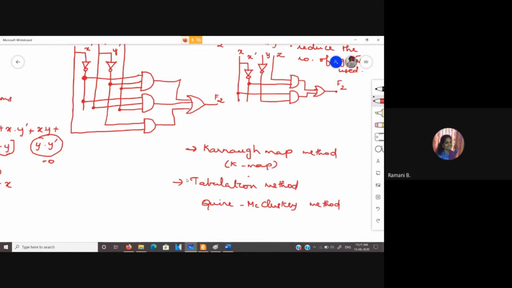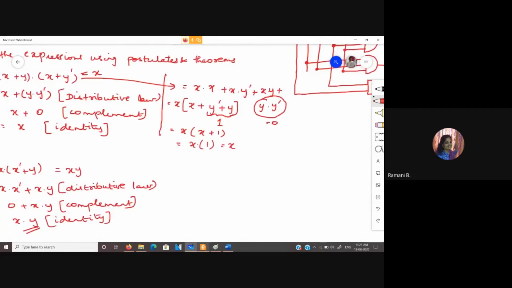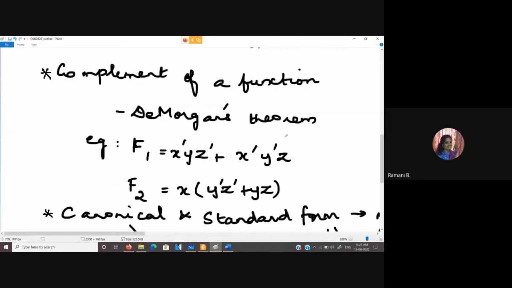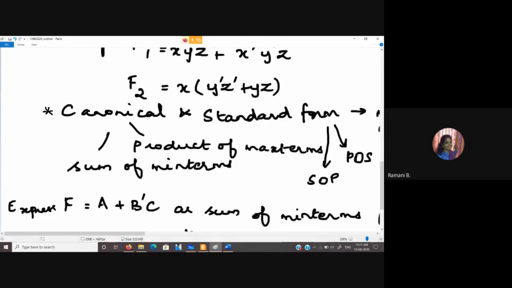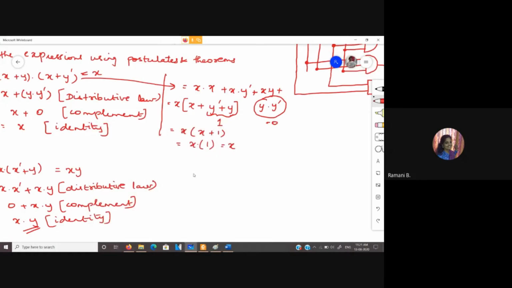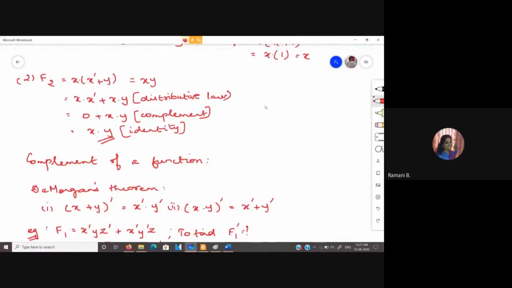Minimization of any logic expression is the most important thing. You cannot ignore it, because the cost involved will be high if you are not going to simplify it. Next, I will just introduce the canonical and standard forms, the min terms and max terms, and we shall continue it maybe in the next class.